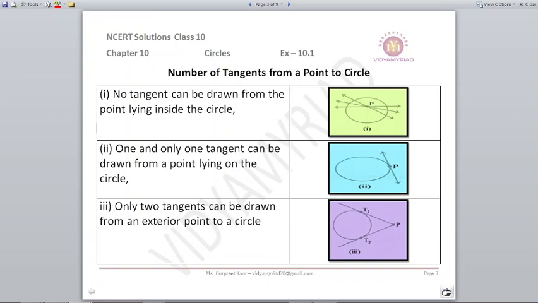For example, if you look at the purple figure, T1P is one tangent and T2P is another tangent, and P is a point external to the circle. So from P we can draw only two tangents. Now based on this, we are going to solve the exercise.